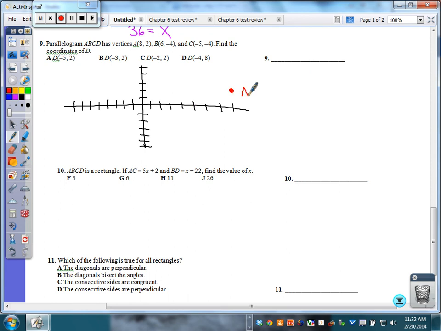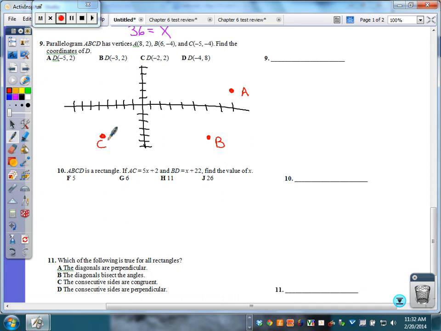This is going to be A. We have B, 1, 2, 3, 4, 5, 6, negative 1, 2, 3, 4. C is negative 4, negative 1, 2, 3, 4.